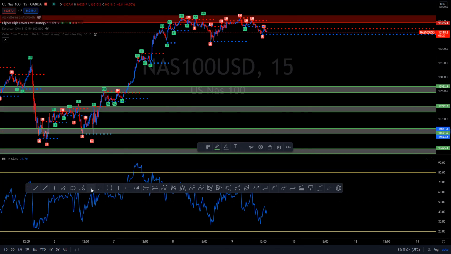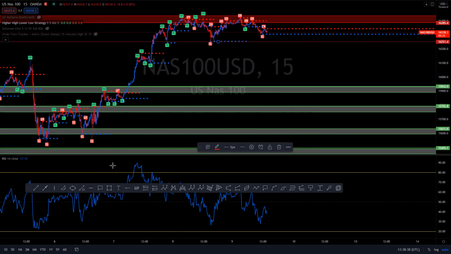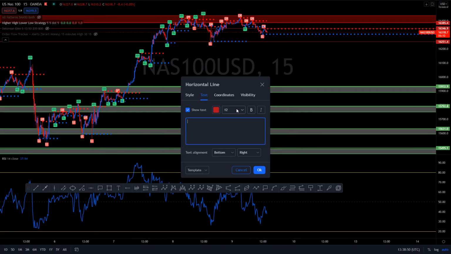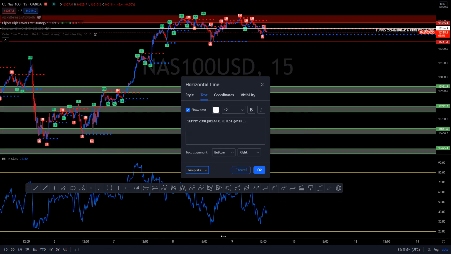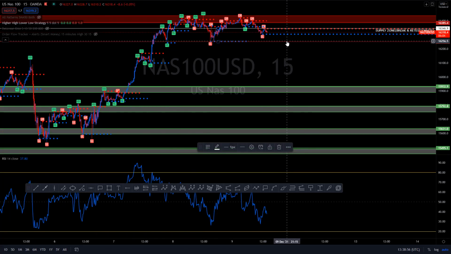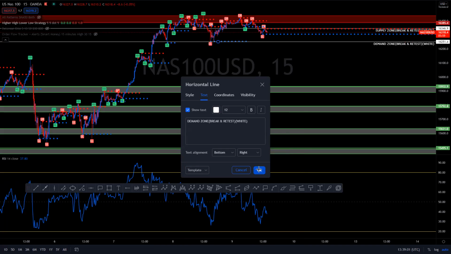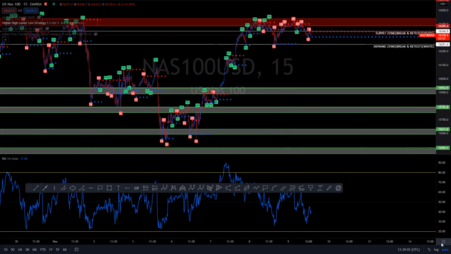I would like to see price break out from here. Let me see some here as well.